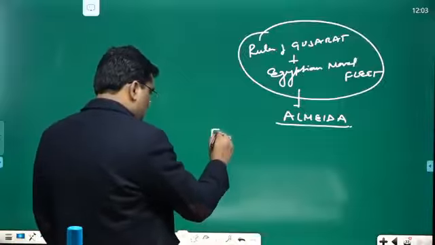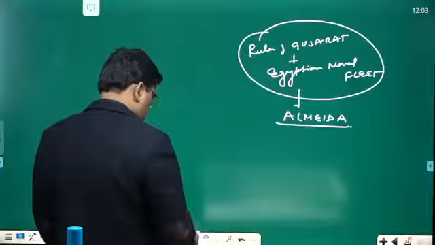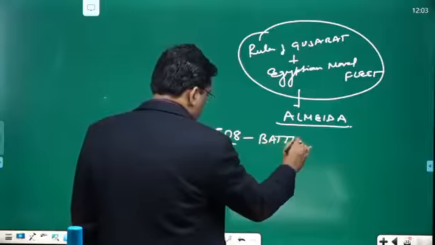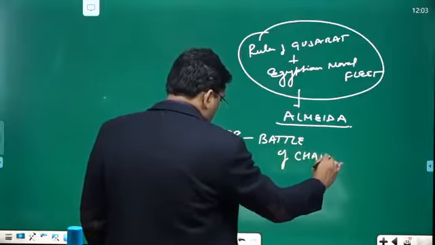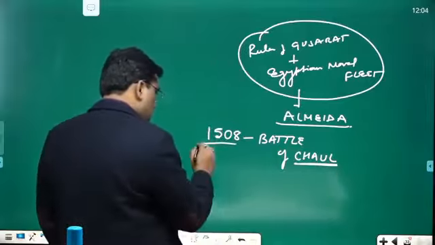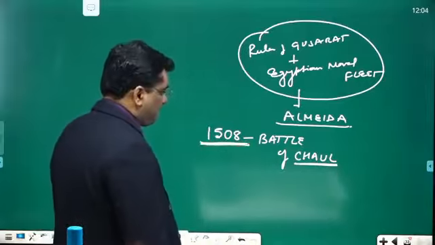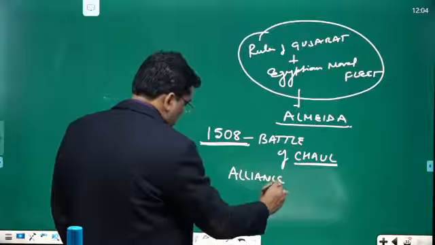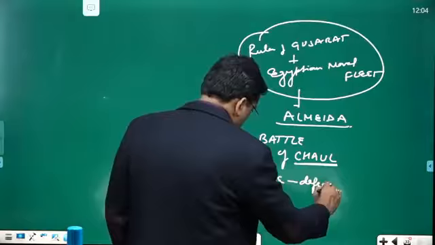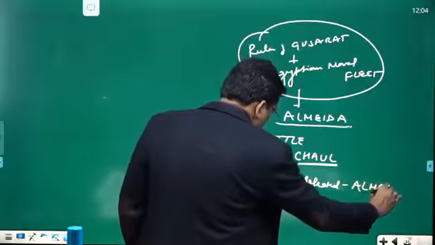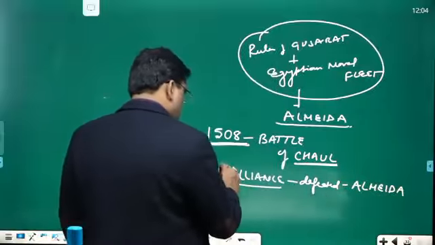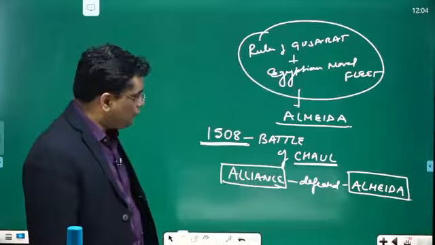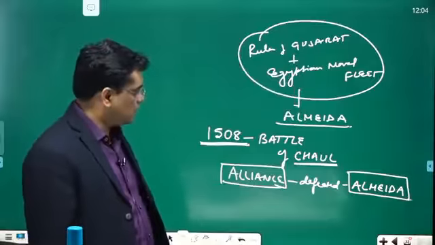So 1508, Battle of Chaul. Alliance defeated Almeida. The son of Francis de Almeida had also died in this battle. So there was a massive casualty.